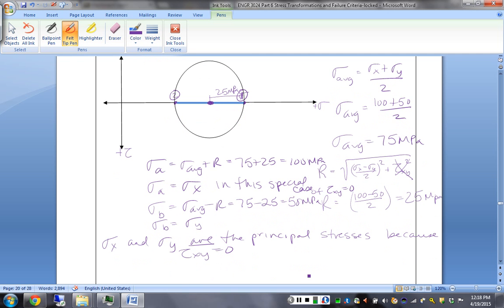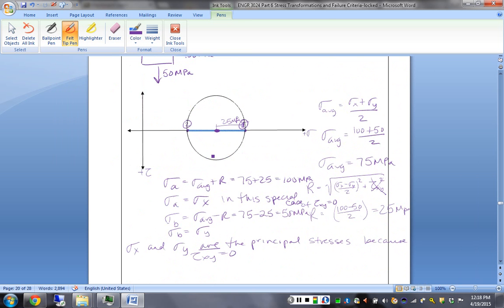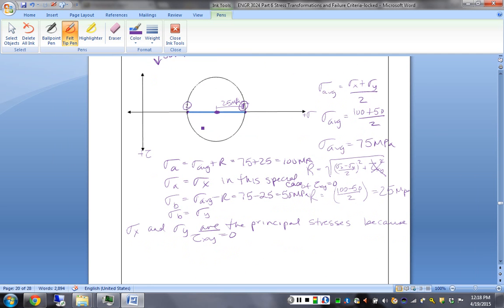Alright, so now again, to move forward into the failure criteria, we need to know what the maximum shear stress is. To get the maximum shear stress, we use the formula sigma 1 minus sigma 3 over 2. And we need to get our sigma 1, 2, 3 principal stresses. We do that with the fact that sigma A is 100.